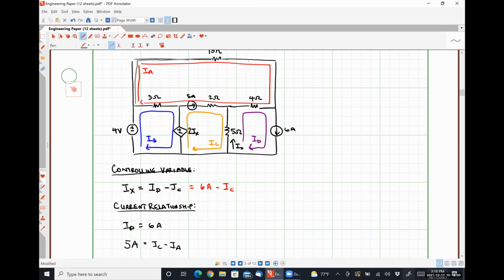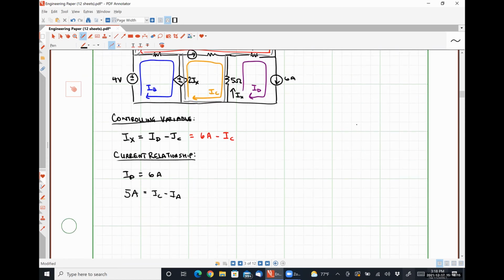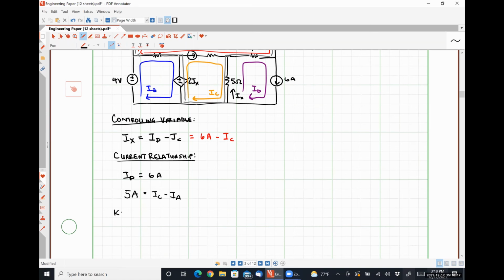So that's just going to be a combination of mesh A and mesh C, like so. So we're going to have a KVL equation at super mesh AC.